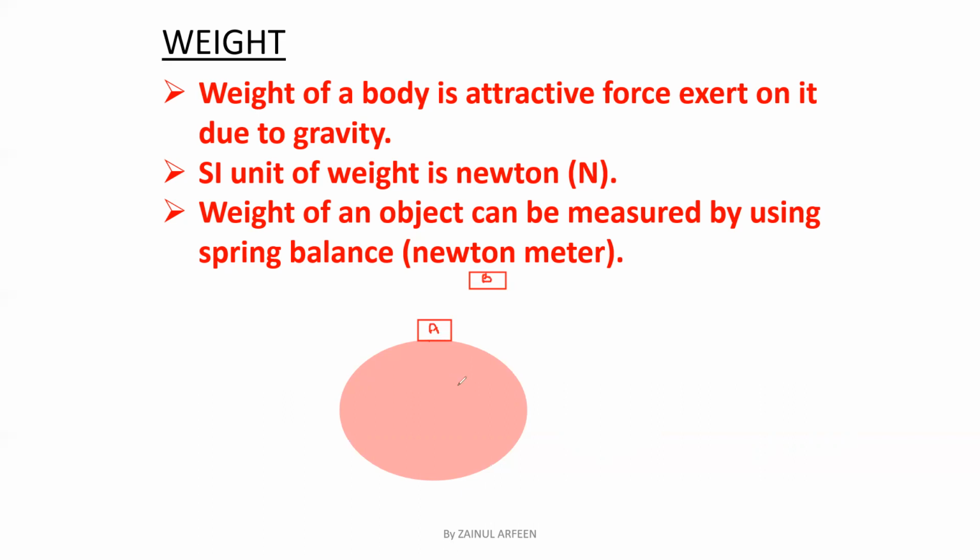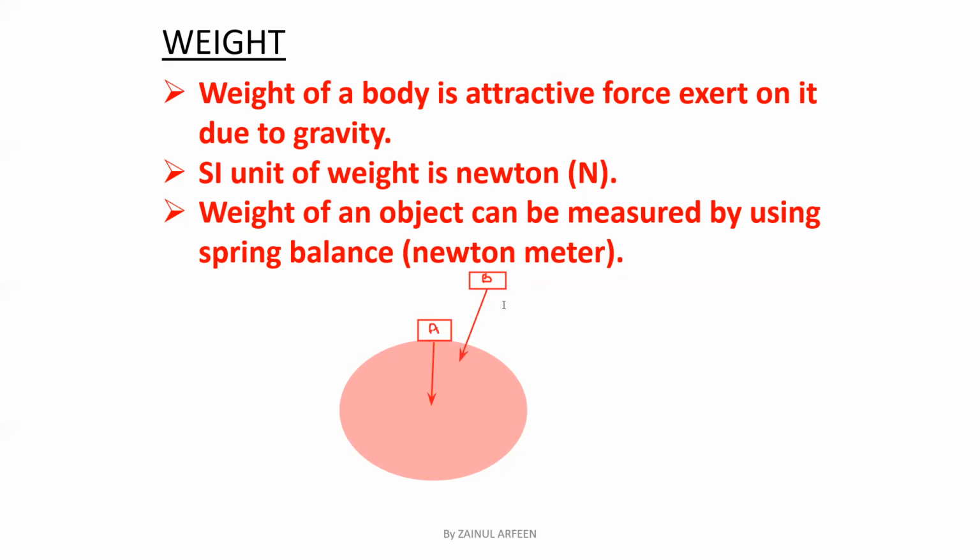Which object is heavy, A or B, if two objects have the same mass? Weight is always acting downward. That's why we normally do not write the direction. We simply say, because weight is always acting towards the center. So it is obvious, that's why it's not normally written. But it always has a direction towards the center.